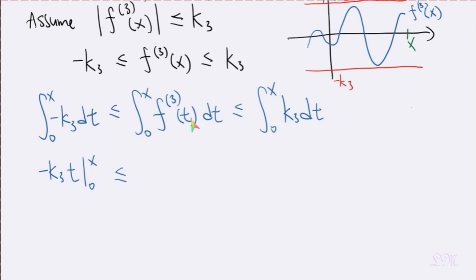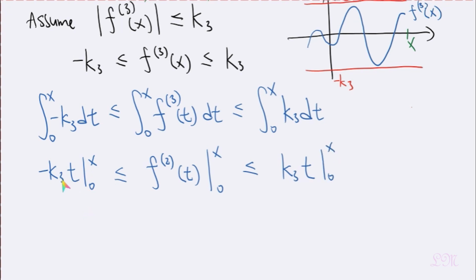Next, an antiderivative of the third derivative of f of t, which is just the second derivative of f of t. Fascinating. Well, of course, evaluated from 0 to x. Finally, similar to our first integral, this third integral would give us k sub 3 times t evaluated from 0 to x.